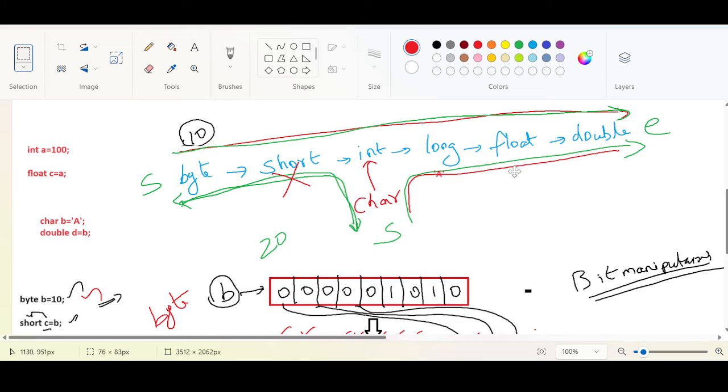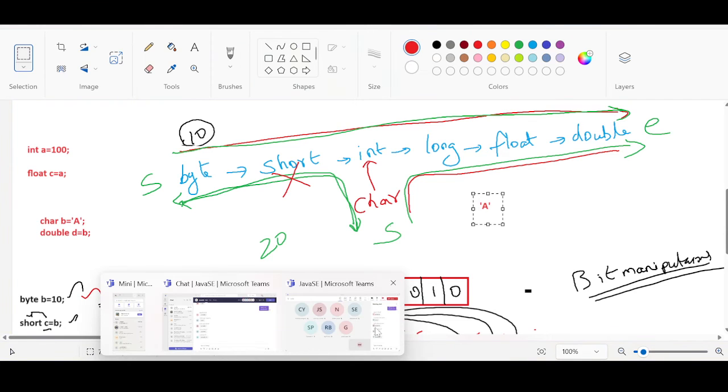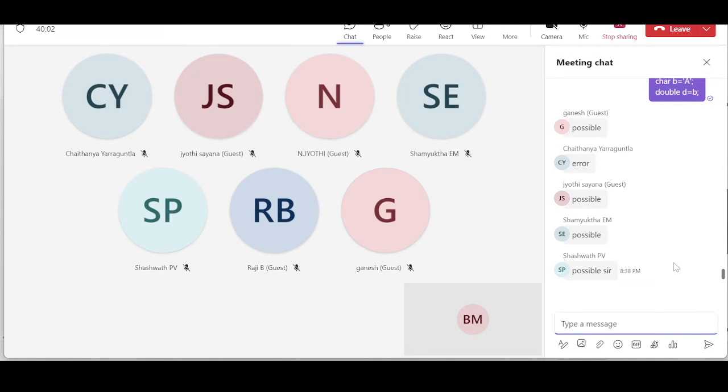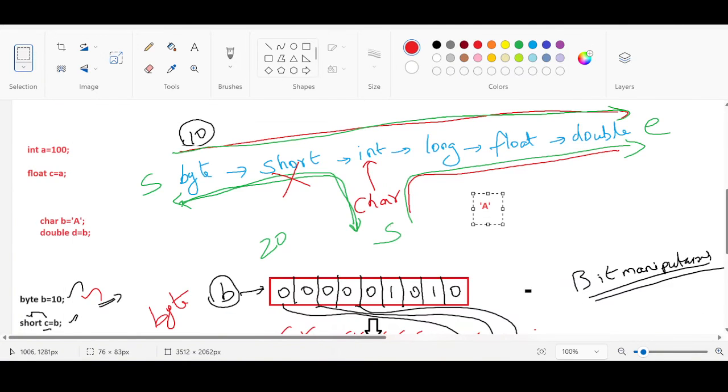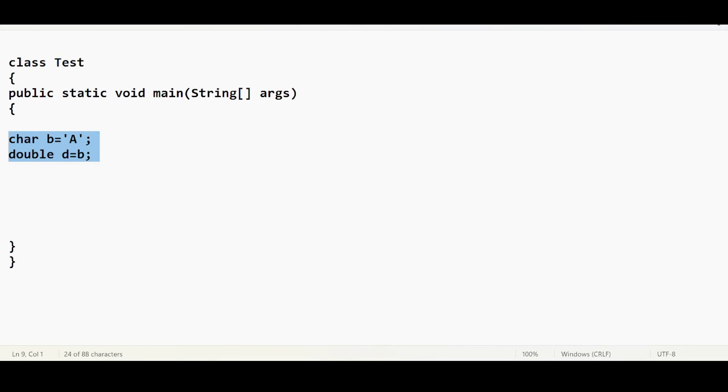The path is fine. When you talk about possibility, it is possible. But what value will be displayed when we try to access this, that we will discuss. Making sense? Chaitanya? Yeah. So we are now good at the possibility scenarios, right?